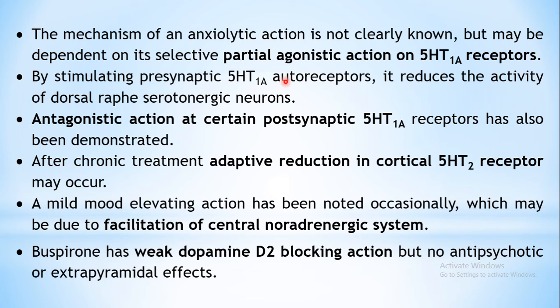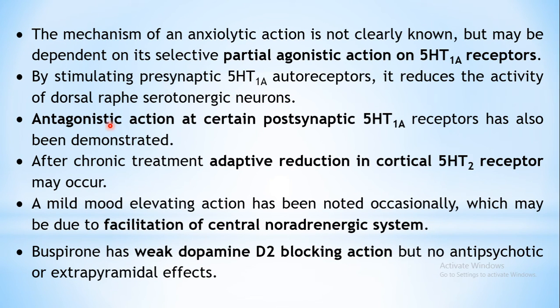By stimulating these 5-HT1A receptors, it is reducing the activity of dorsal raphe serotonergic neurons. So these serotonergic neurons are reducing their own activity. These neurons are found in the dorsal raphe nucleus, which is found in your forebrain. So it is depressed because of the stimulation of these autoreceptors.